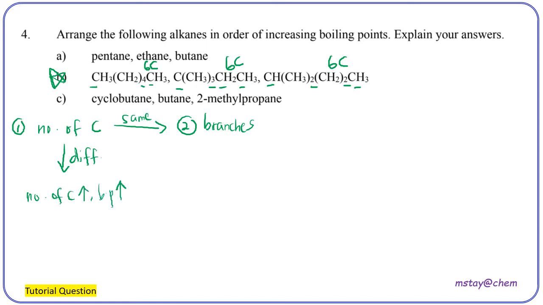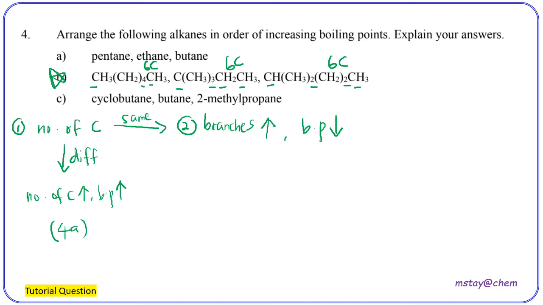This is in 4A that we already discussed. Now we are at 4B. If the number of carbon is the same, then second we go to the branches. More branches, boiling point lower.